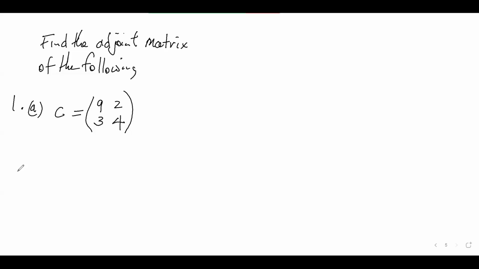So C adjoint is equal to, come on, people, I don't want to write the answer. I want to get the answer from you all. Vion, where's the answer? Shalomi just gave me her answer. Shalomi, where's your answer? Vion, where's your answer?